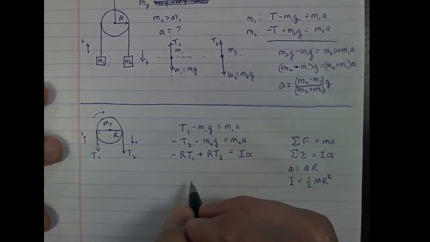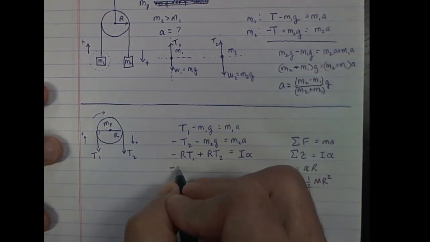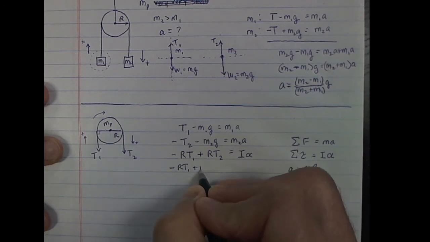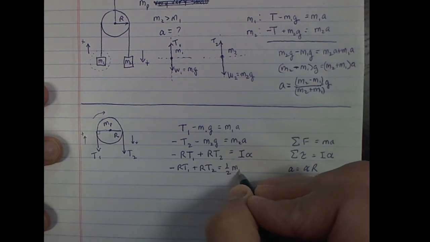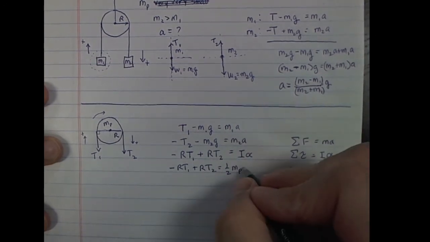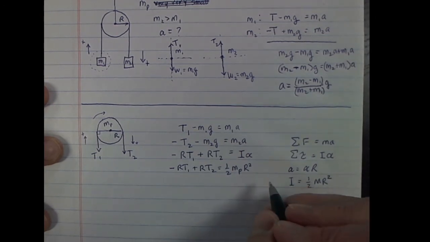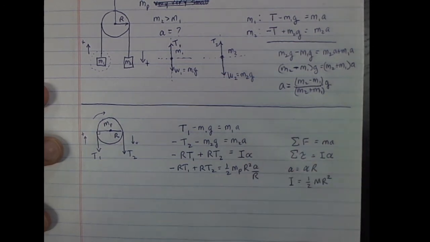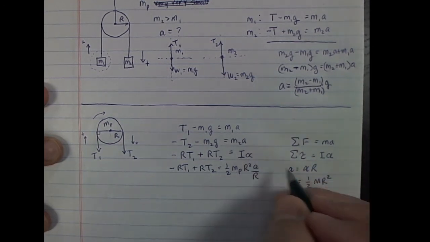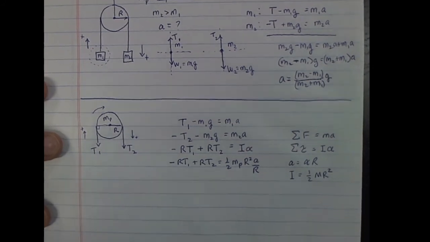So let's do some substituting, and we get negative RT1 plus RT2 equals 1/2 the mass of the pulley times the radius squared times, substituting in for alpha, A over R. Notice something weird here.